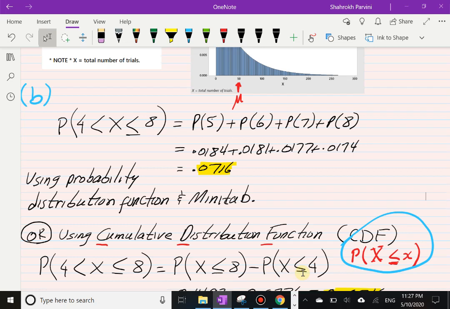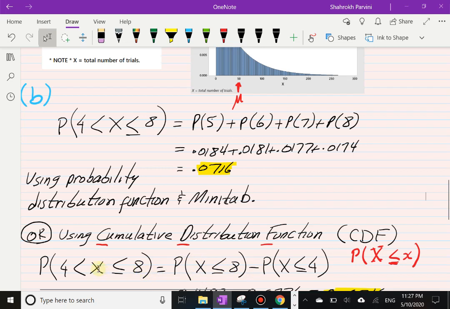Now, notice by the way, what I've done is I have translated the probability statement on the left into an equivalent cumulative distribution function statement. Here I have less than or equal to 8, minus.